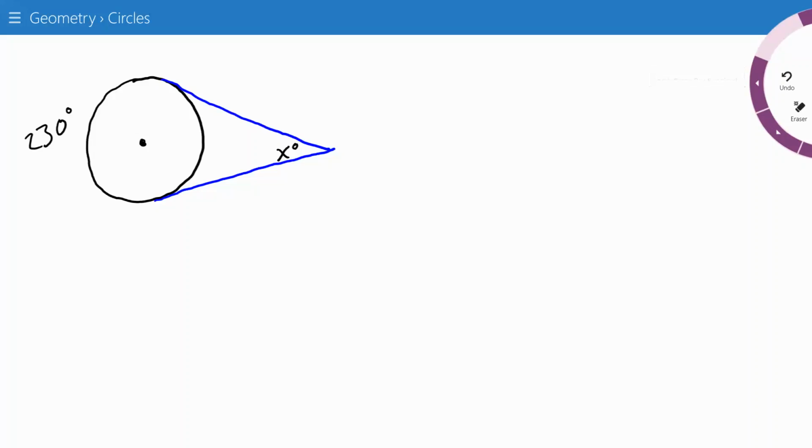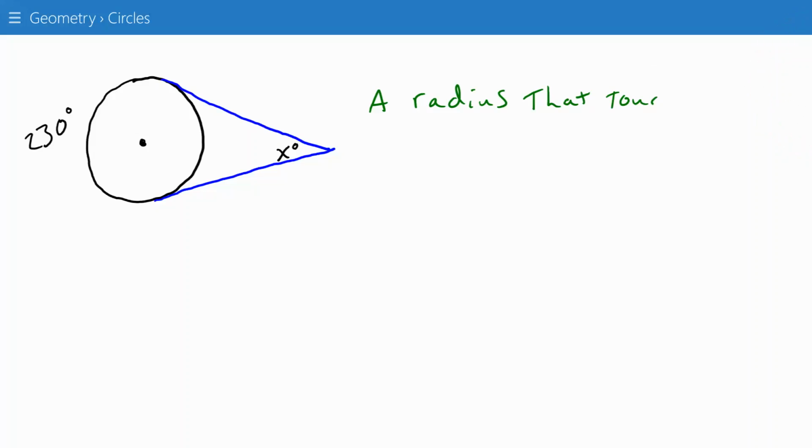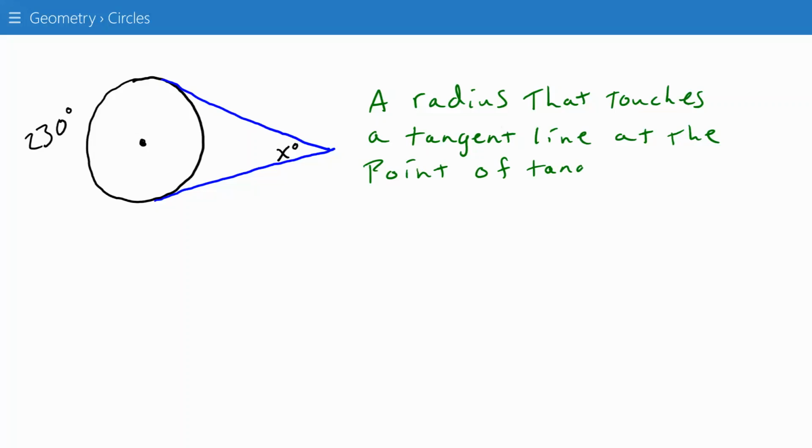So the important piece of information here: a radius that touches a tangent line at the point of tangency creates a right angle.